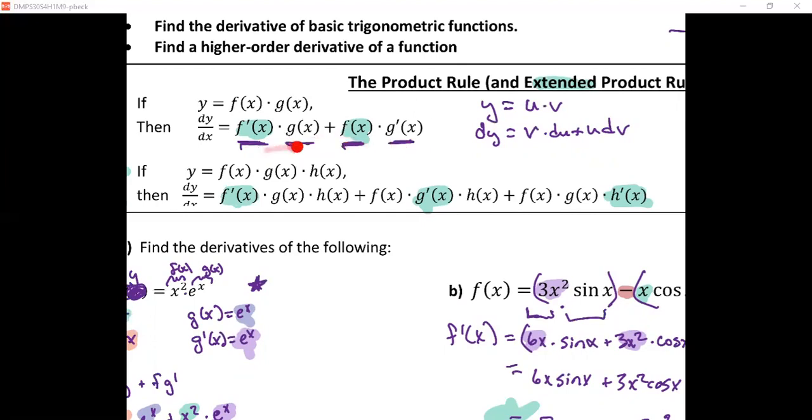Now, as awesome as this product rule is, it doesn't really show in all its glory what is going on with the product rule, which is why I have this extended product rule here, where if I have 3 functions multiplied out, then the derivative is the derivative of the first times the other 2, plus the derivative of the second times the other 2, plus the derivative of the third times the other 2.